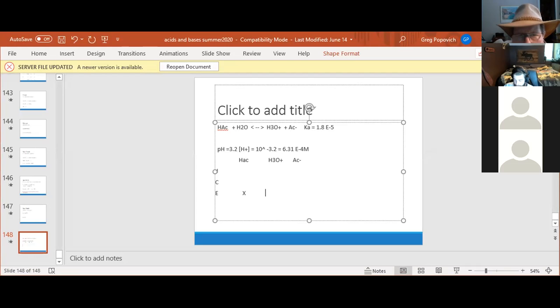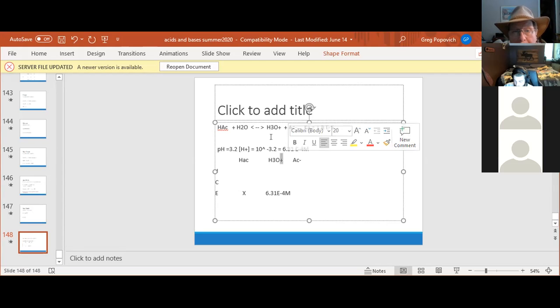I've got this concentration, 6.31 e to the minus 4th, from the pH. That's the concentration of the H3O+ at equilibrium.